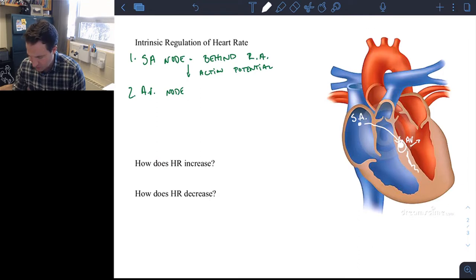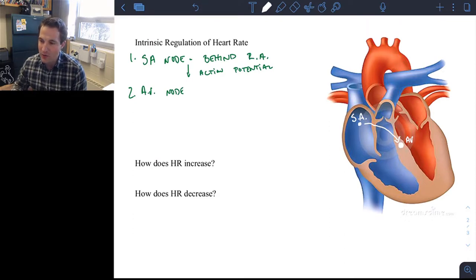And that would mean that we'd contract, especially from this point, in this direction right here. But if we look at where the blood needs to go, which is out through the pulmonary and aorta right there, okay, that doesn't make sense. So let's go back in time here and talk about what happens next.